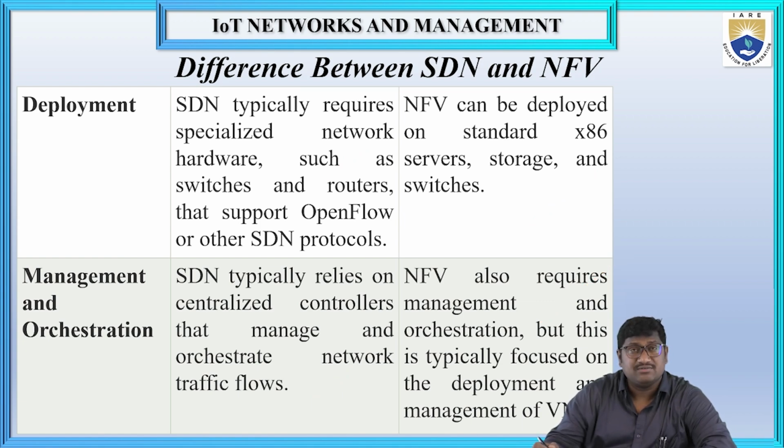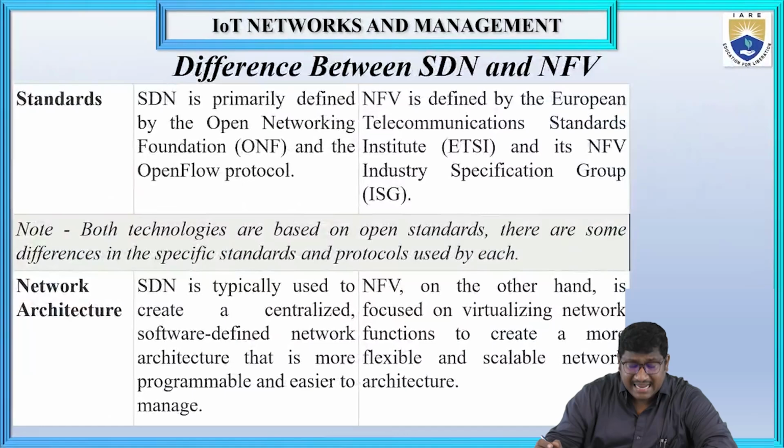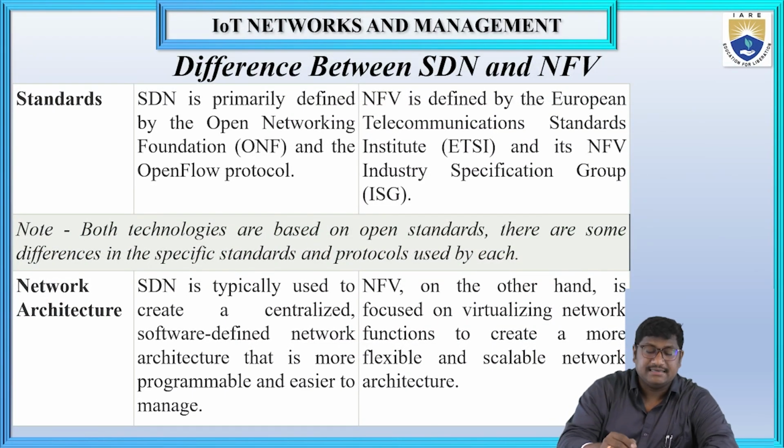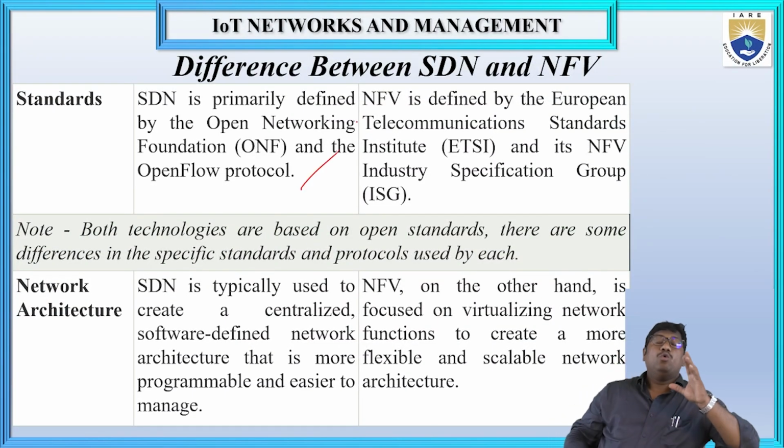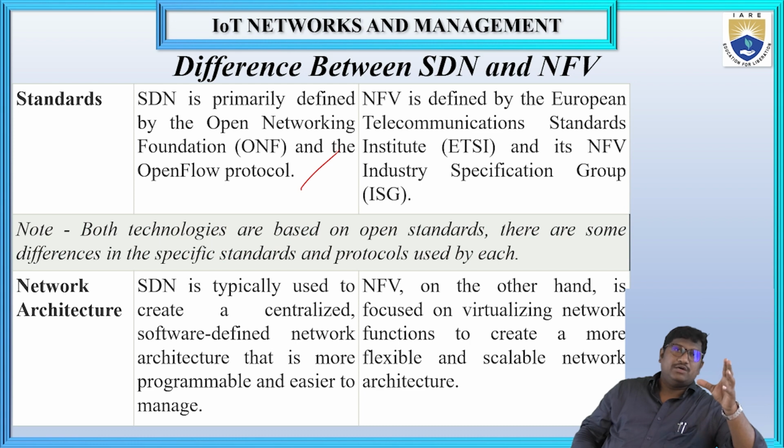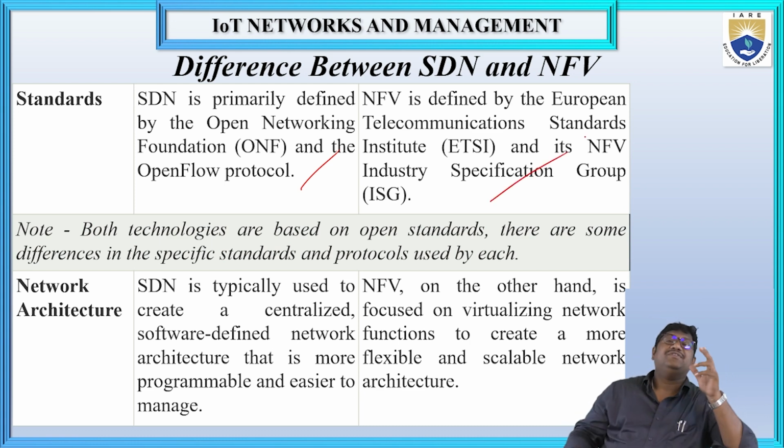Coming to the standards, SDN is primarily defined by the ONF, the Open Networking Foundation, and the OpenFlow protocol, whereas NFV is defined by the European Telecommunications Standards Institute, ETSI. This was the institute which specified and defined NFV, and an NFV industry specification group also supports defining it.